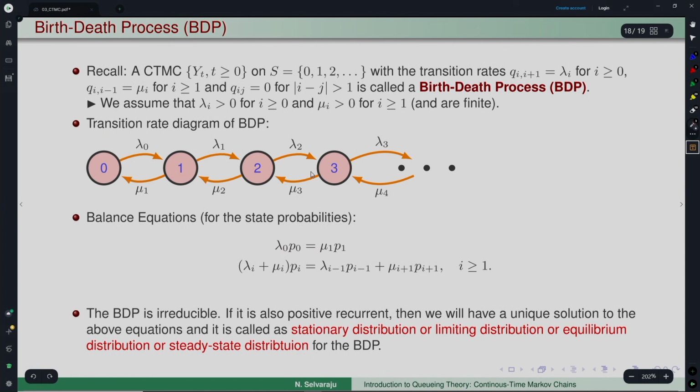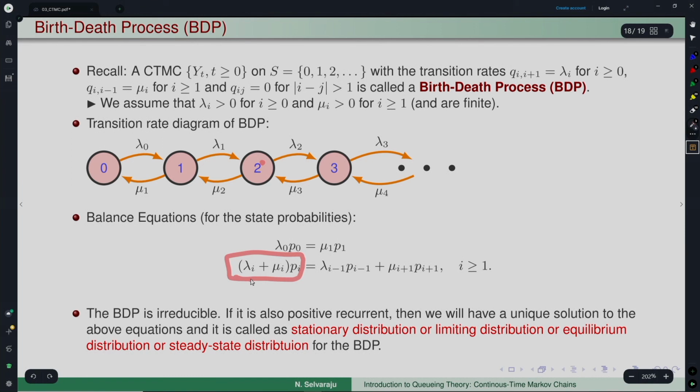Now, suppose you take any generic equation, let us take the case of 2 here. What is the rate of flow out of state 2? It can move to 3 with rate lambda 2 or to 1 with rate mu 2. So, the rate of flow out of state 2 is basically lambda 2 plus mu 2 times P 2, right. That is what you will get on the left hand side.